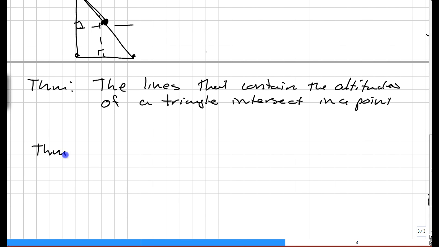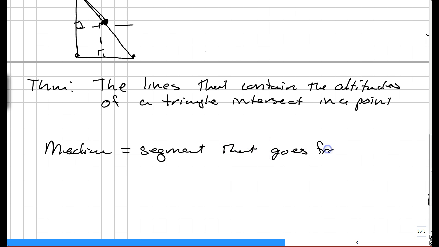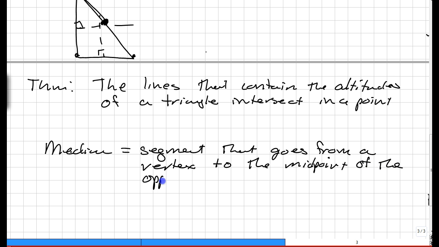And our final theorem, it has to do with the medians of a triangle. So first of all, remember that a median is a segment that goes from a vertex to the midpoint of the opposite side.